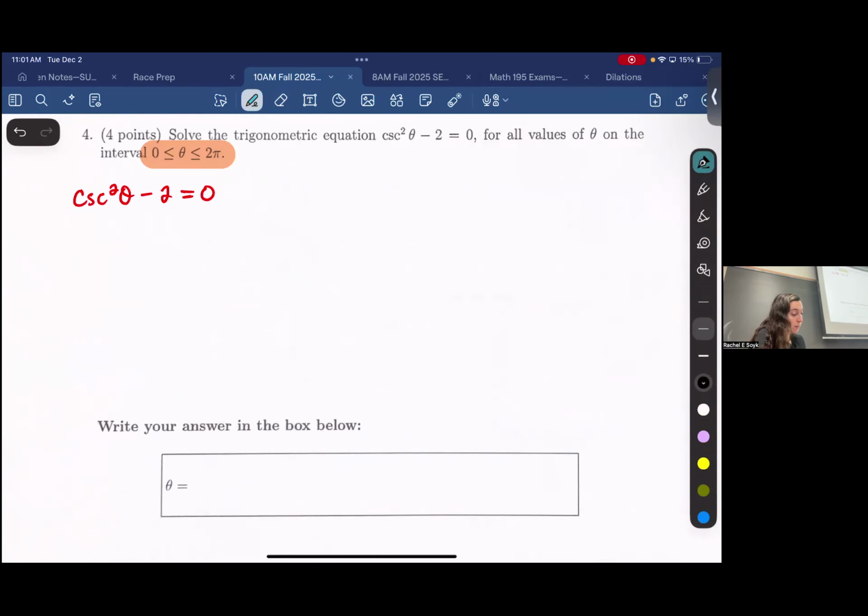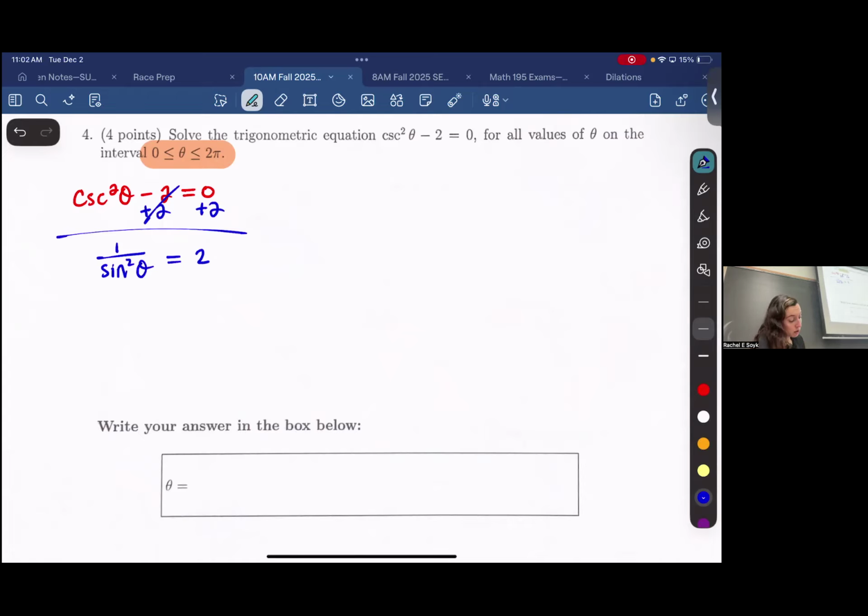Utilize your inverse operations by adding 2 to both sides. So we get cosecant squared, which is the same as 1 over sine squared theta, is equal to 2.